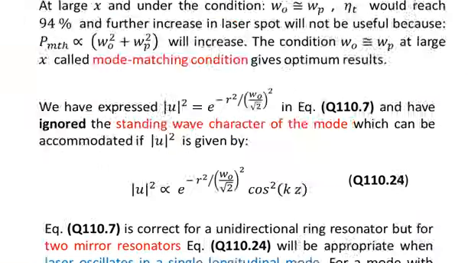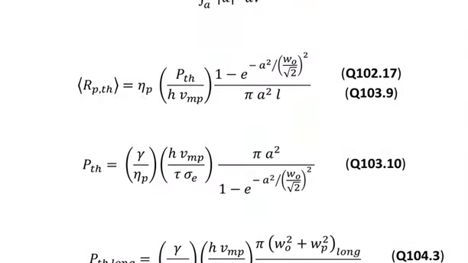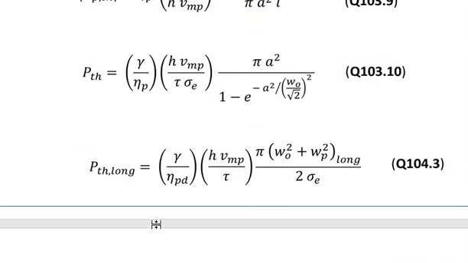And I think that I have also given the equation in the appendix. For example, over here, this is the threshold value for the longitudinal pumping. So the threshold longitudinal pump power is given by this relationship. And you see that here I have W naught squared plus W_P squared, where W naught is the radius at the beam waist, and W_P is the value of the beam radius at any other position along the longitudinal direction.